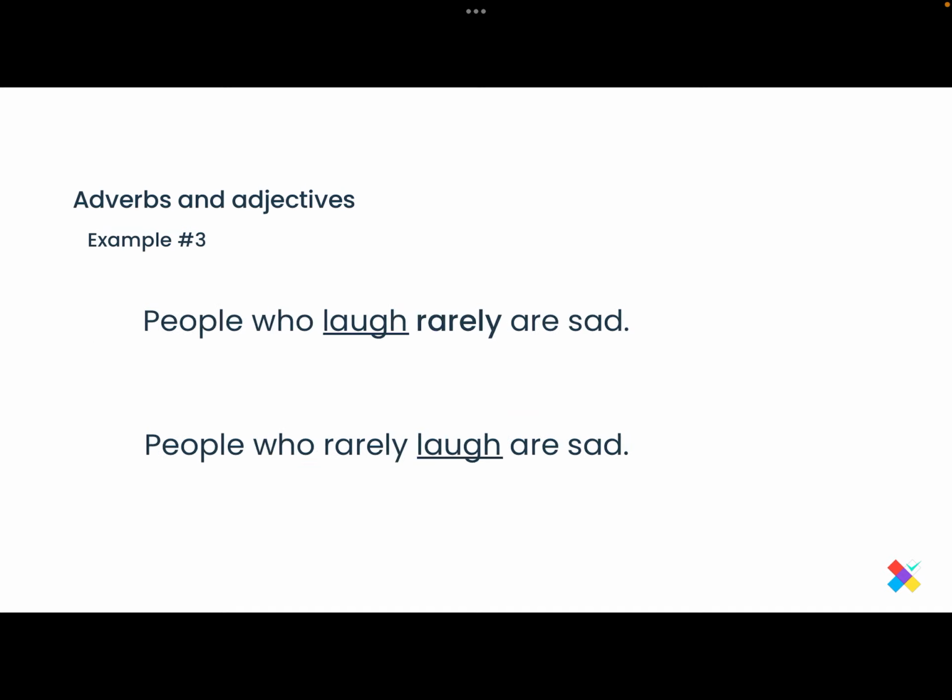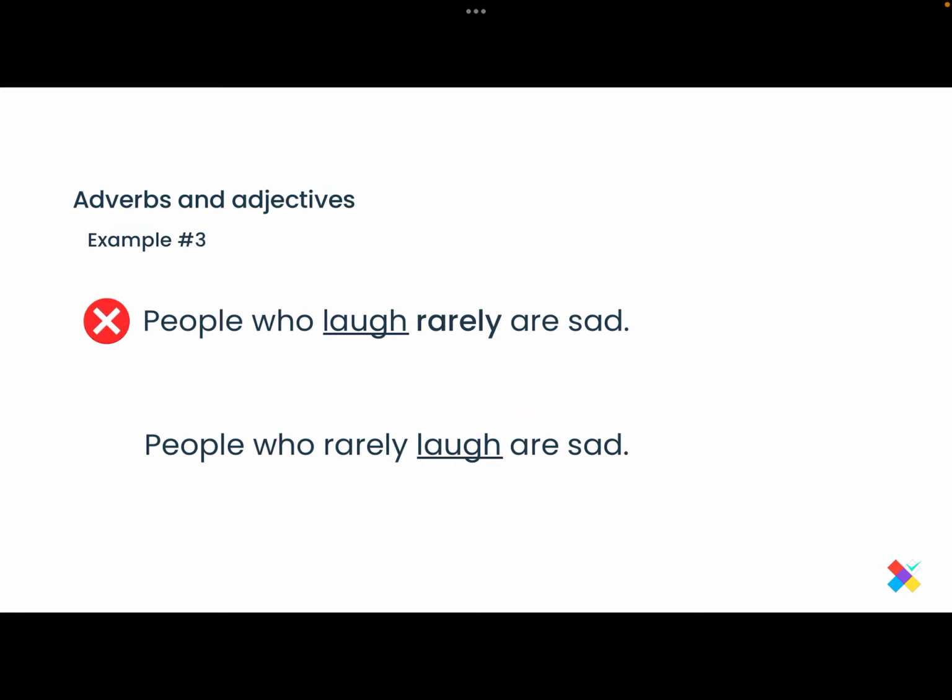All right, ready for another one? Here it goes. People who laugh rarely are sad. People who rarely laugh are sad. This is another example of misplaced adverbs, which comes from using adverbs of frequency, and it can be particularly challenging in shorter examples like these ones. And this situation is especially tricky because the modifier rarely is next to the verb it modifies, laugh.